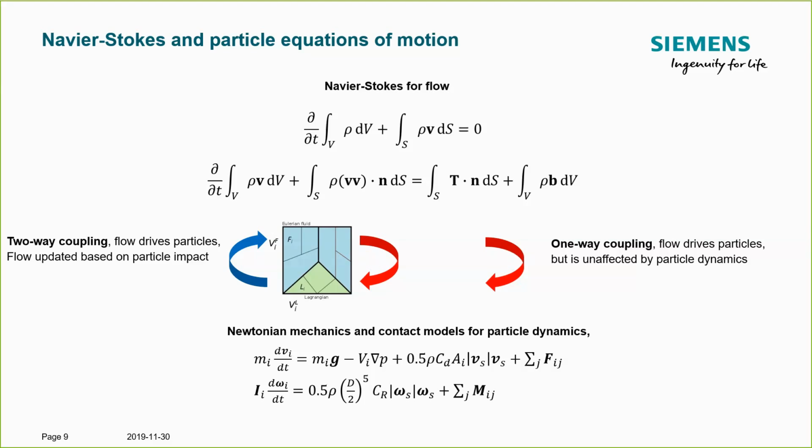So we have inertial terms, we have pressure gradient terms, and we have drag terms, and then at the very right hand side of this equation we have the sum of our contact forces, which should be the focus of our discussion here in the remainder.